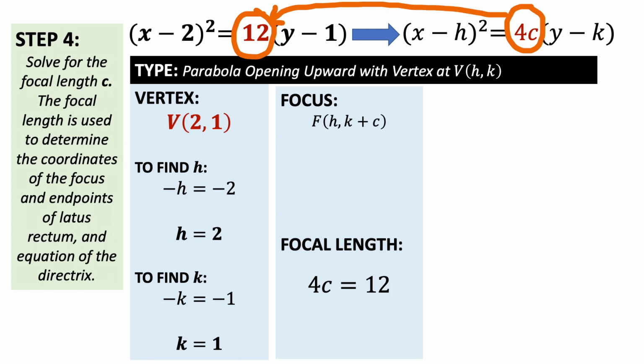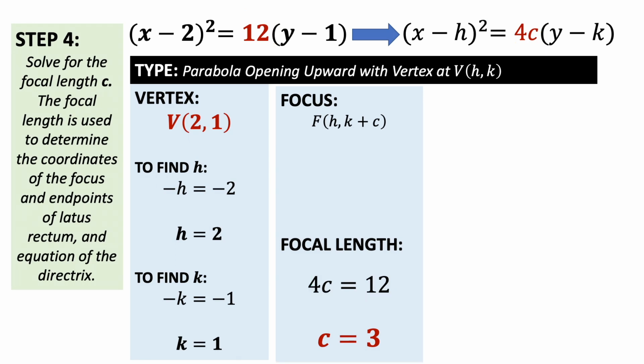Now, we will divide both sides of the equation by 4 to isolate c in the left side. 4c divided by 4 is c. Then, 12 divided by 4 is 3. The focal length is 3.